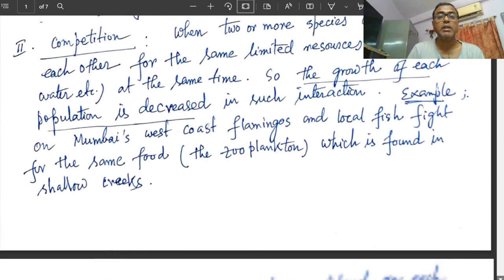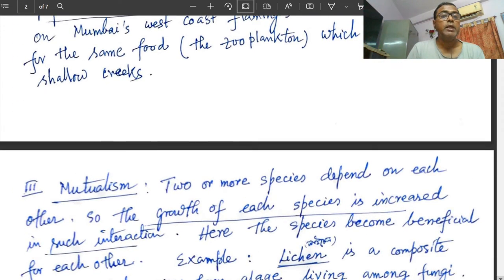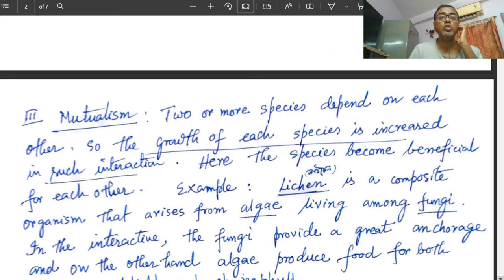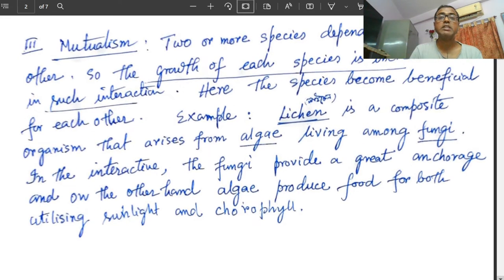Next, third type, mutualism. Mutualism means two or more species depend on each other so that the growth of each species is increased in such interaction. Here, the species become beneficial for each other.